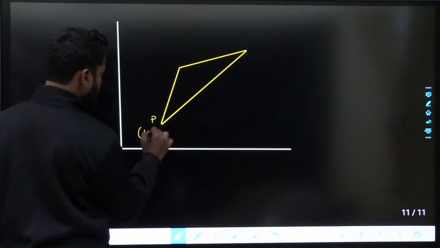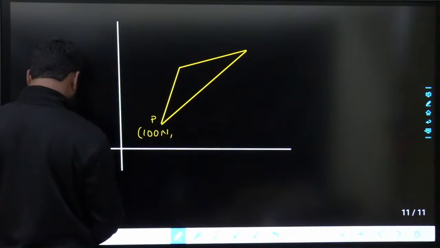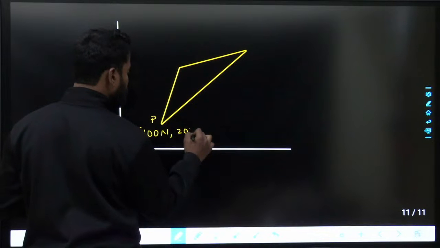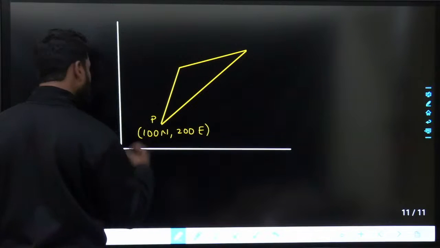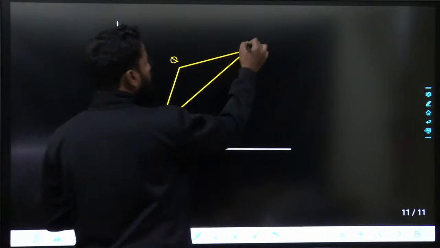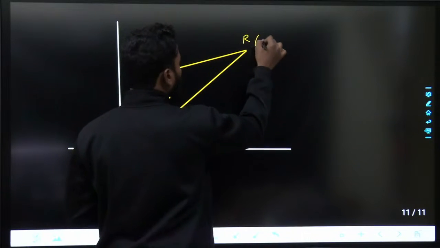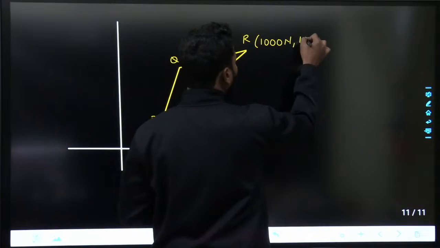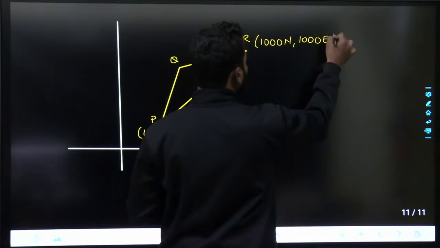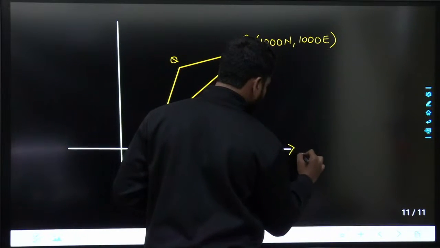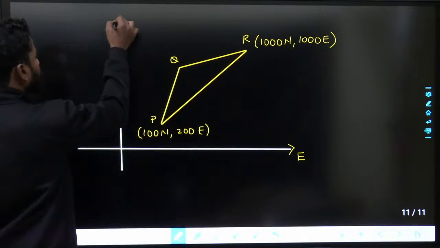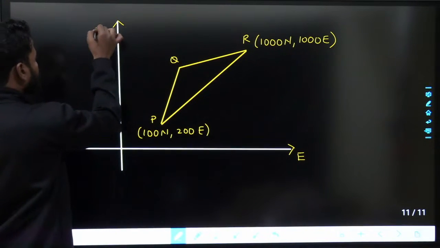R is 1000 northing, 1000 easting. So this is east and this one is north.